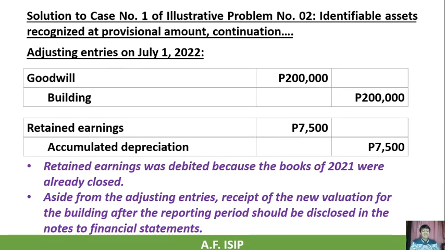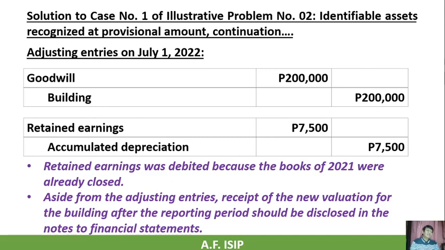So aside from the adjusting entries, receipt of the new valuation for the building after the reporting period should be disclosed in the notes to financial statements. So this is very significant. Do not forget to disclose in your notes to financial statements the new valuation of the building. Because your December 31, 2021 audited financial statements reflect a building of 700,000 pesos.